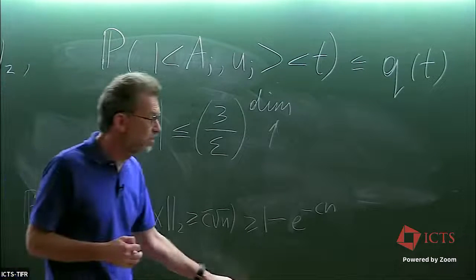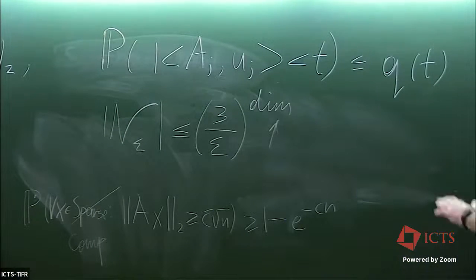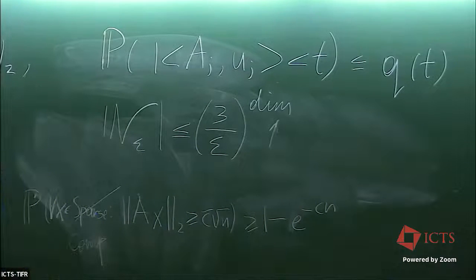So the conclusion of all this story is that if we treat the compressible vectors separately, we are going to reduce our minimum over the sphere.